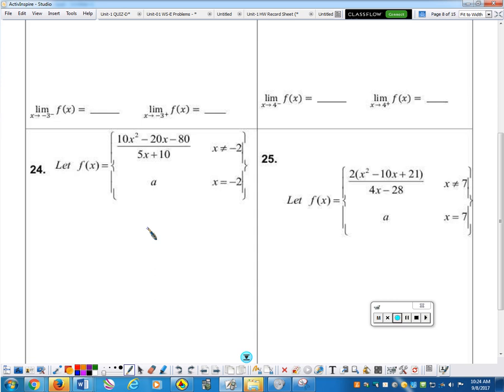They're telling me that this is how I find every single xy pair in the list. What this means right here, x can't equal -2. What that really means is that if you create a list of xy pairs for this function, every single xy pair except for 1 is computed using this formula.